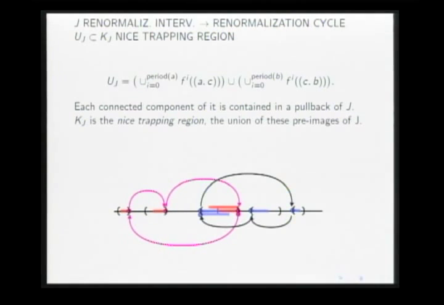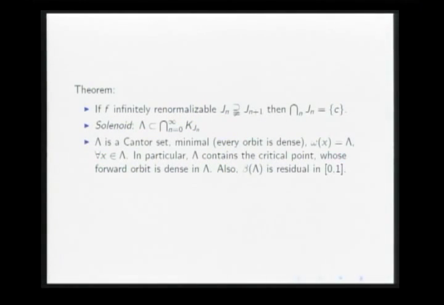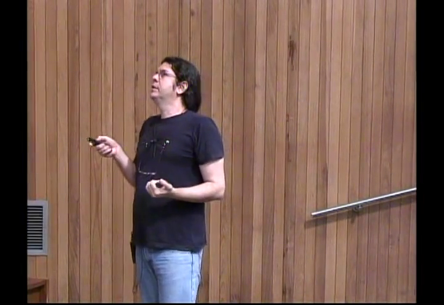And with this in mind, we will state the following. If we have an infinite sequence of renormalization intervals, what we have here is, as we know in the continuous case, when you take all the intersections of these renormalization intervals, you will have only the critical point as the limit.